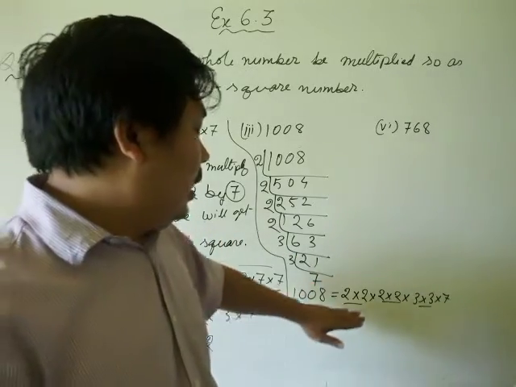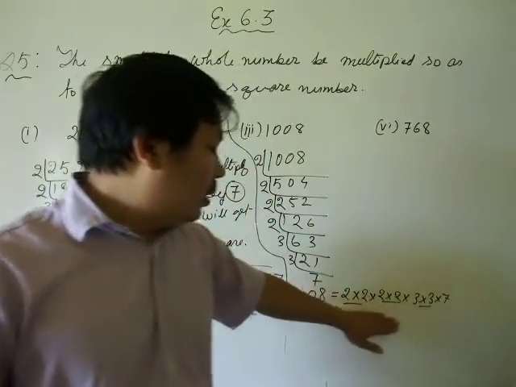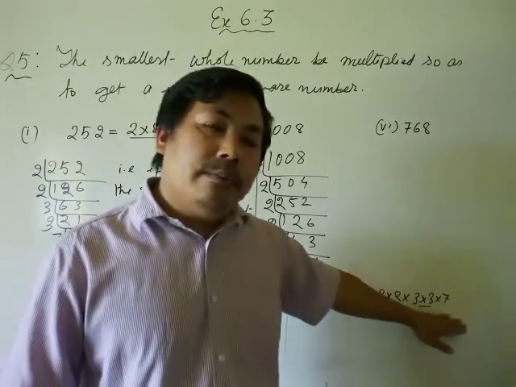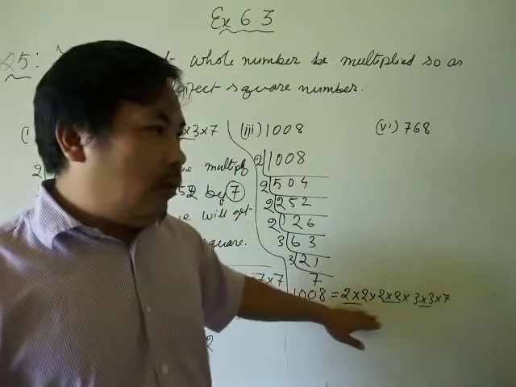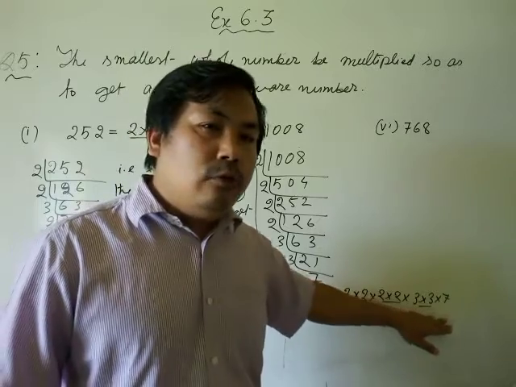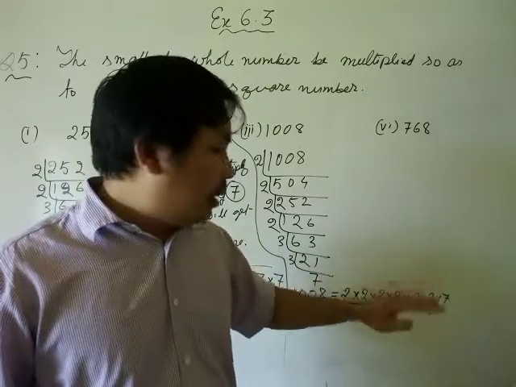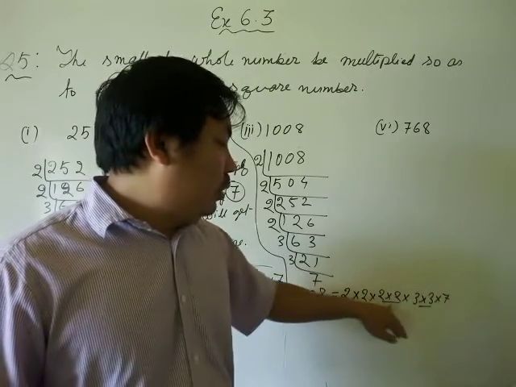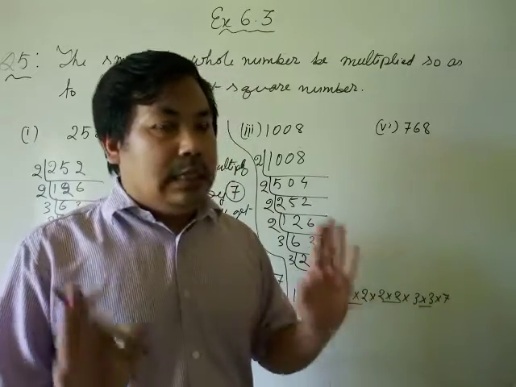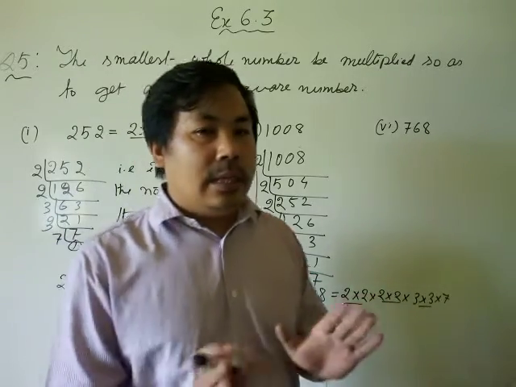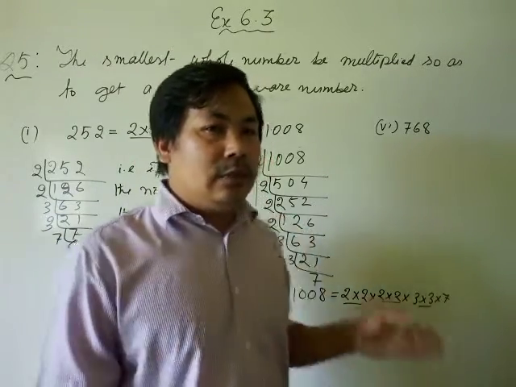That means, when we go for finding out the prime factorization, and when we try to group two numbers of the same kind, 2 and 2, 2 and 2, 3 and 3 like this, now one number, that is 7, becomes an unpaired number, isn't it? That means it's not a perfect square.